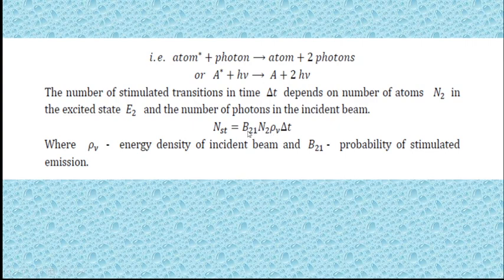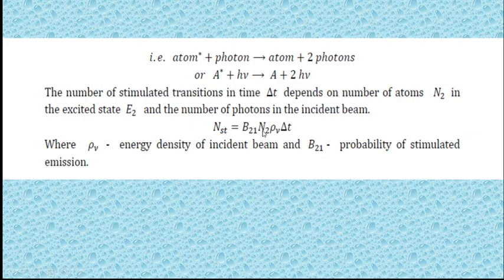B21 is the probability of stimulated transition. B represents stimulated. 2 1 represents emission, that is from higher to lower. 1 2 represents absorption, that is from lower to higher.